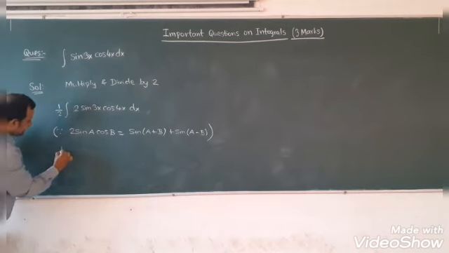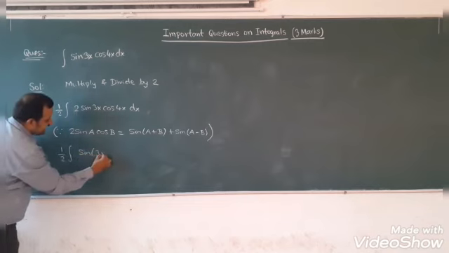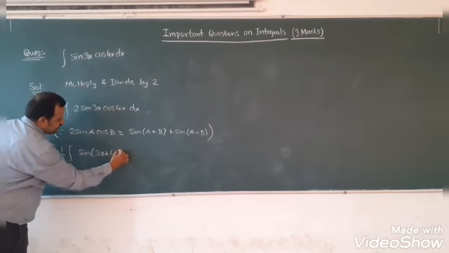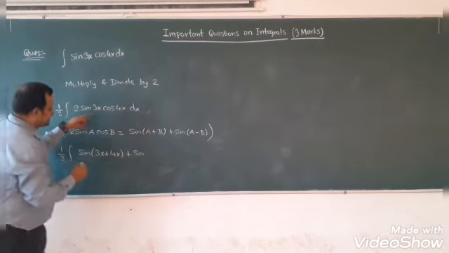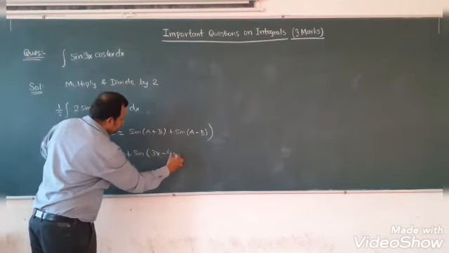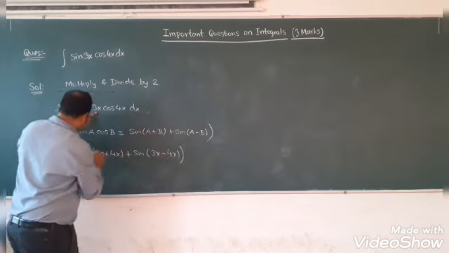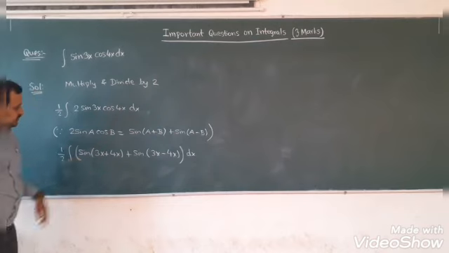So this we can write as 1 by 2 times sine of a plus b, so a plus b is 3x plus 4x, plus sine of a minus b, and a minus b is nothing but 3x minus 4x, dx, right?